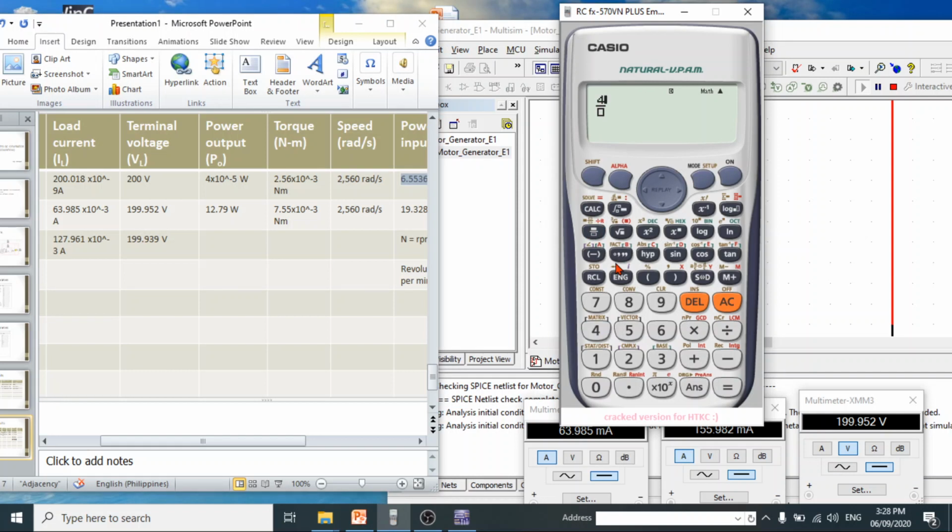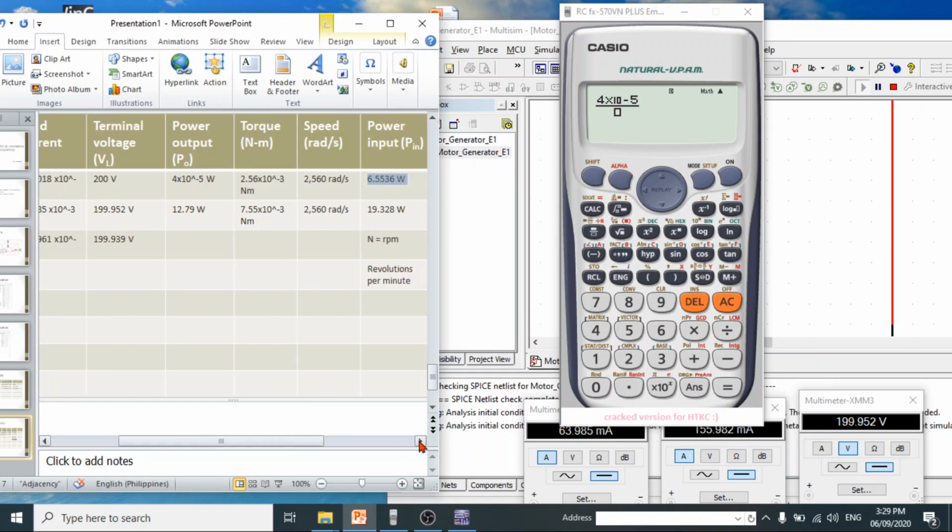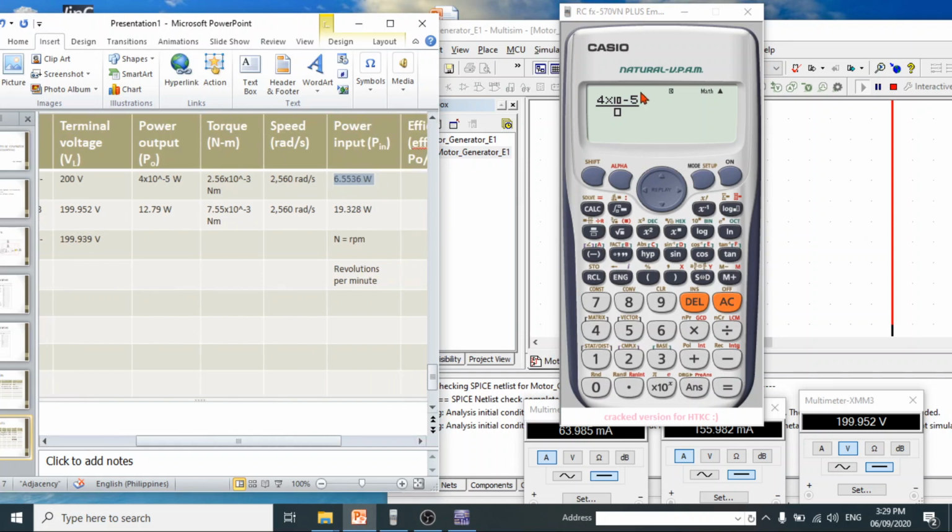That's 4 times 10 to the power of negative 5, divided by 6.5536.